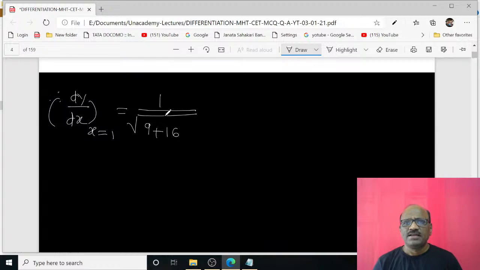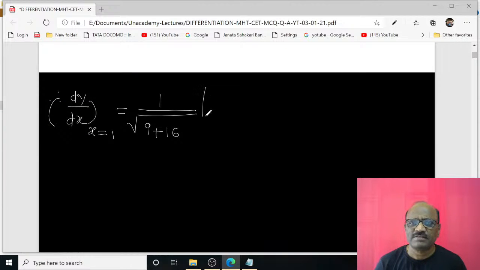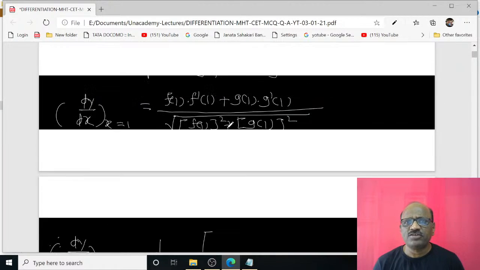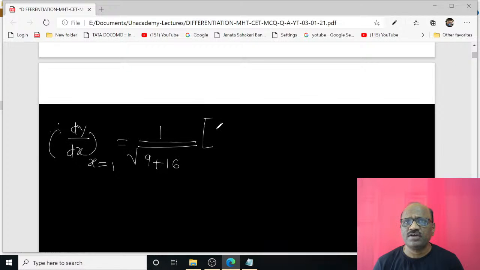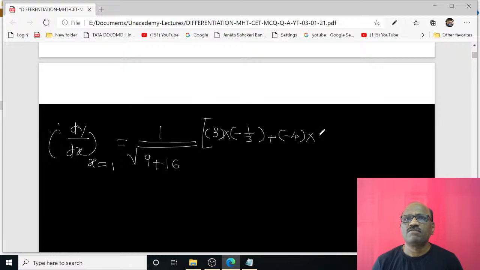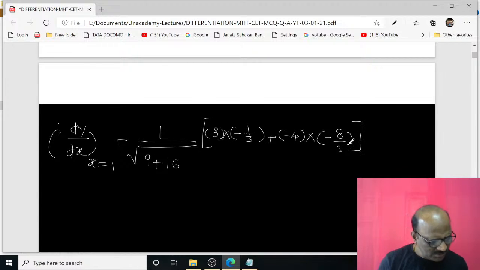Okay, now the next in the bracket, what are the values of f of 1 and f dash of 1? f of 1 is 3 into in bracket minus 1 upon 3, plus minus 4 into g dash of 1. The value of g dash of 1 is minus 8 upon 3. These are the values.